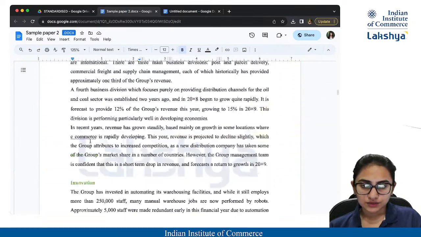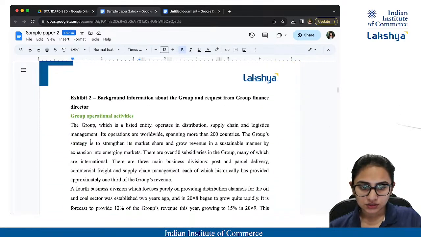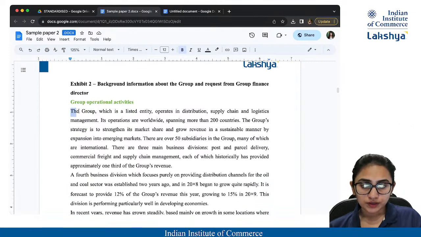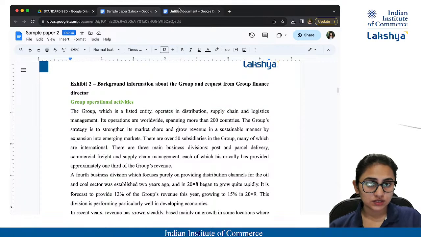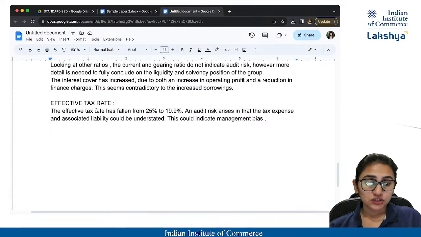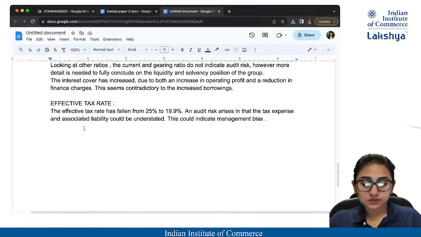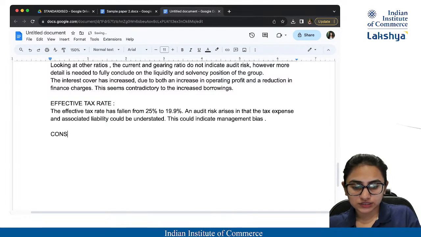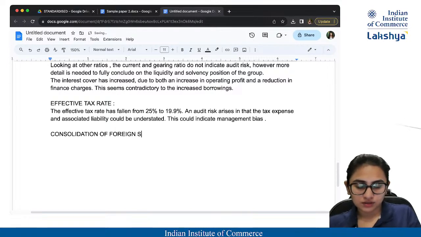Now if you see in the question, the group has operations worldwide, so it has many subsidiaries. So there can be an audit risk about the consolidation of foreign subsidiaries also.